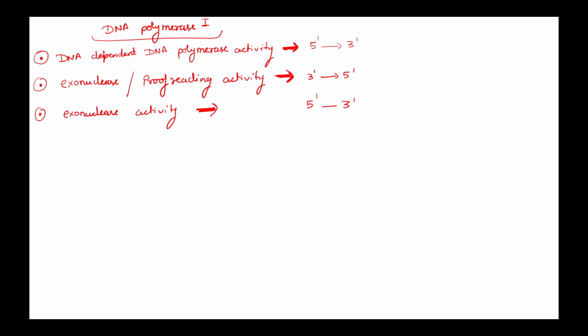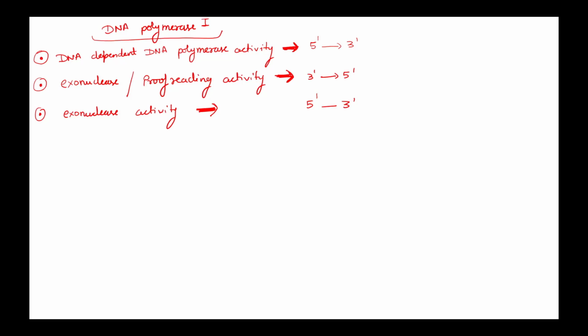Okay, so this exonuclease activity is for the removal of the RNA primers from where the DNA polymerase sits and starts its activity, because we get an RNA sequence as a primer, which provides a 3 prime end to start the DNA synthesis.